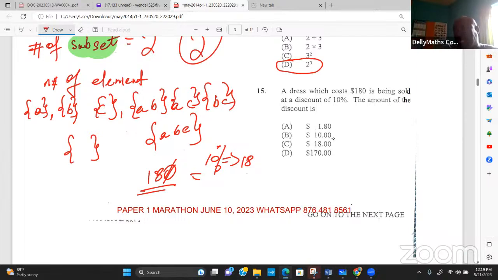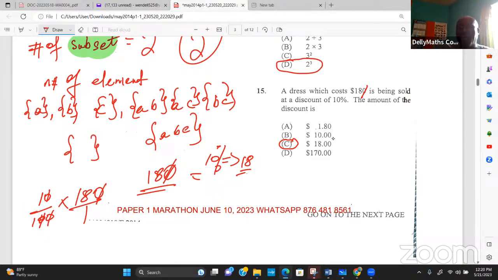So watch this. If you're getting a discount of 10% here, they're asking what is the amount. Without working, you just drop off that zero. The discount is actually $18. So nice. But if you want to do this, 10 over 100 times 180, you'll still see 18.